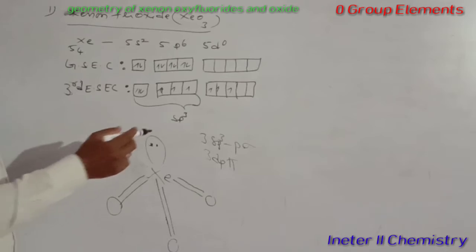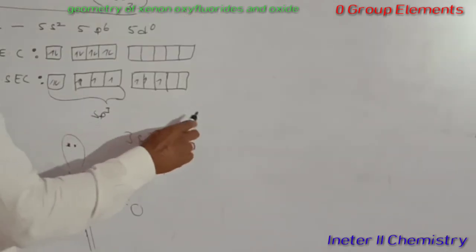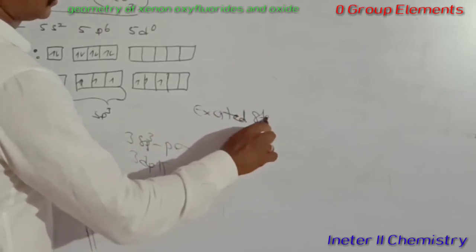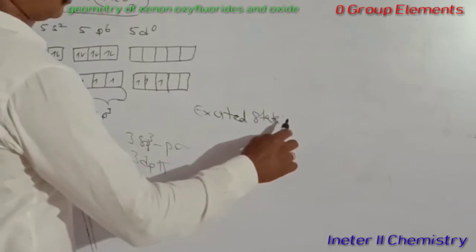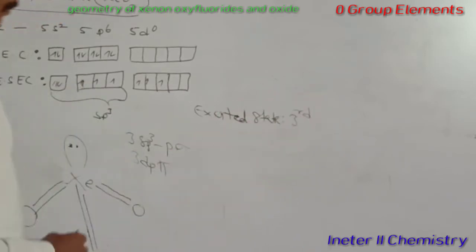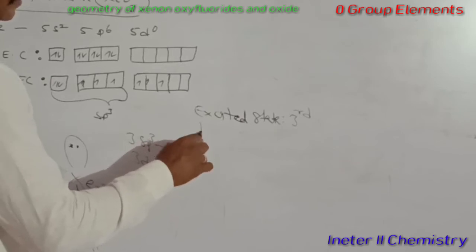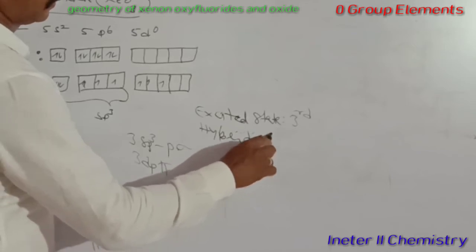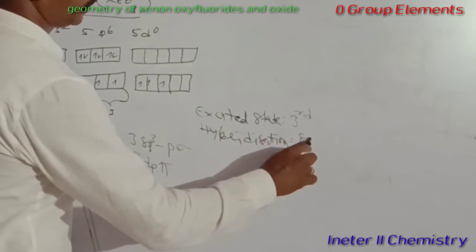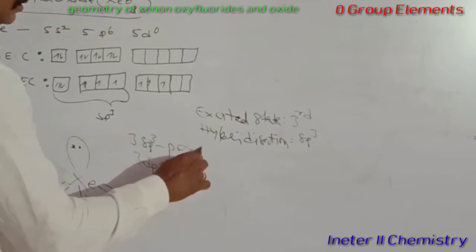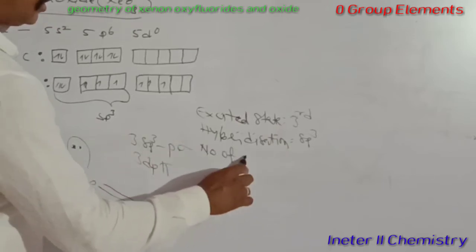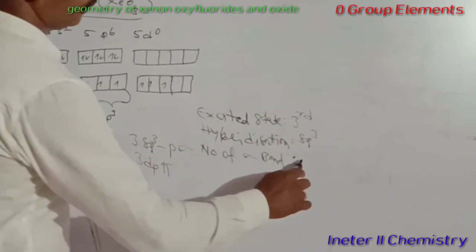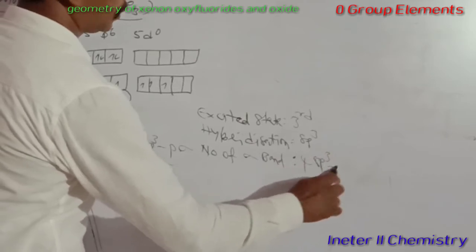Then we have to write the conclusion here. Excited state, which one is it? Third excited state. The hybridization is sp3. Number of sigma bonds, how many? 3 sp3-p sigma bonds.